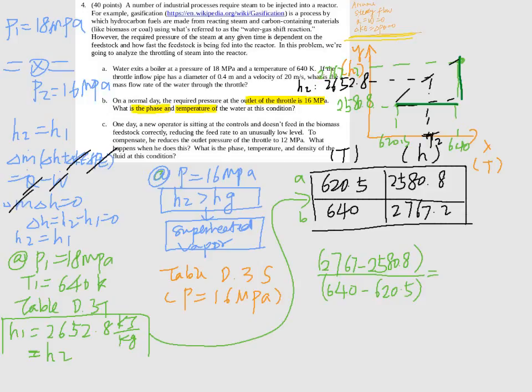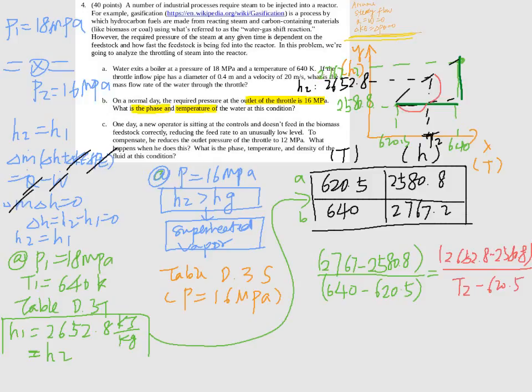And this is also equal to this over this, so that is 2652.8 minus 2580.8 over T2, which we don't know, minus 620.5.